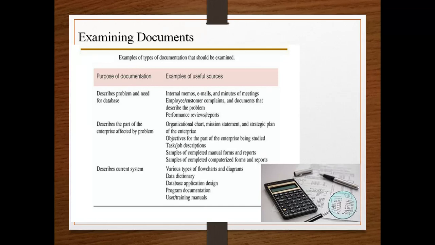So it will include the organizational chart, mission statement, strategic plan of the enterprise, objectives for the part of the enterprise being studied, tasks, job descriptions, samples of completed manual forms and reports, samples of completed computerized forms and reports, and it will describe the current system. So various types of flowcharts and diagrams are drawn, a data dictionary is made, database application design is done, program documentation is done, and user training manuals are prepared.